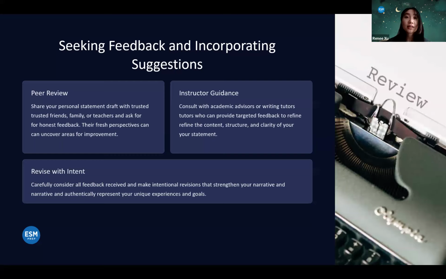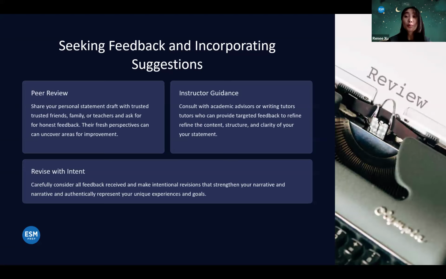But if you don't have access to these resources, you can feel free to share your drafts with multiple trusted friends, family, teachers who know you, who are, as Eric said, familiar with high school writing, and you can ask them for their honest feedback. Remember that in this process, you don't want too many cooks in the kitchen.